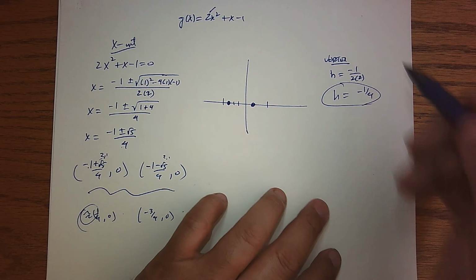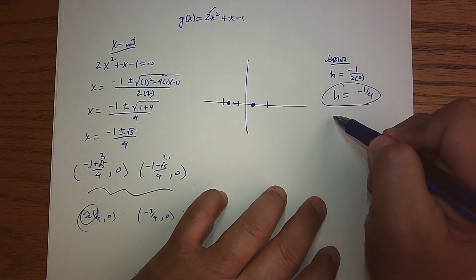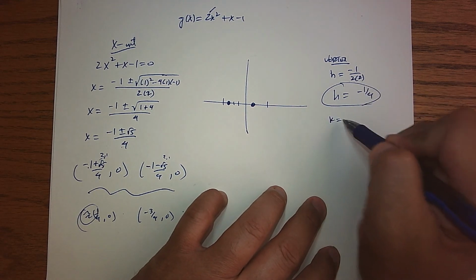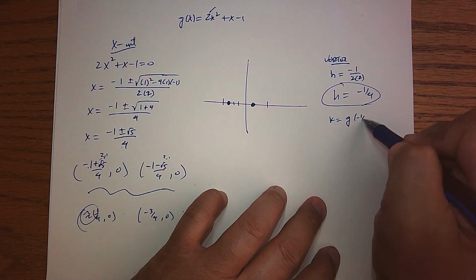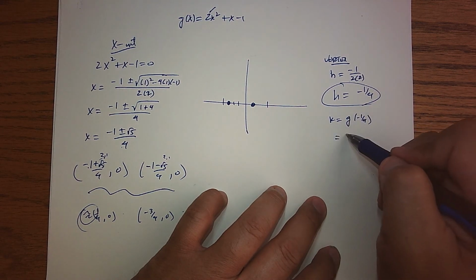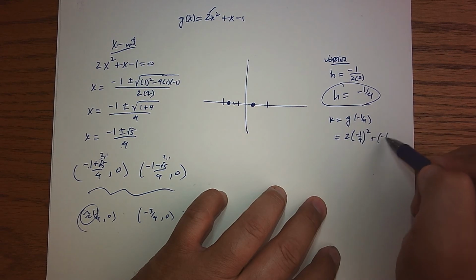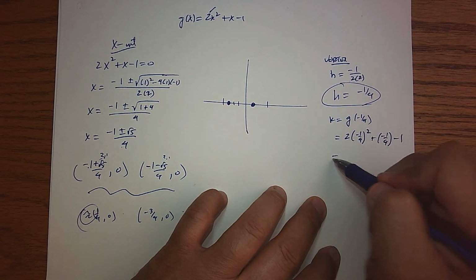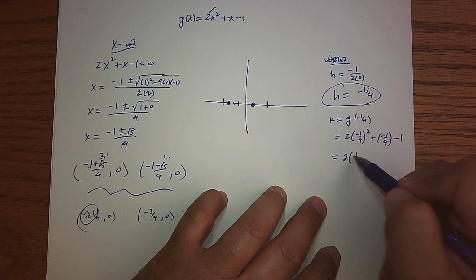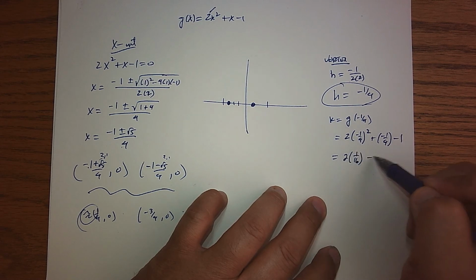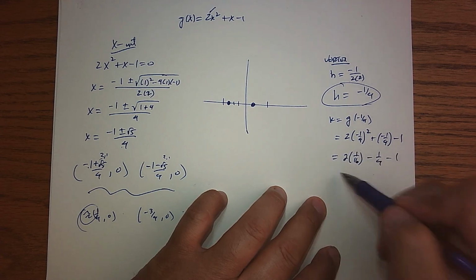Alrighty, and so now what I have to do is basically find my k, and that we do by plugging in what I know. And so we get 2 times negative 1/4 squared plus negative 1/4 minus 1. So this is 2 times 1/16 minus 1/4 minus 1.